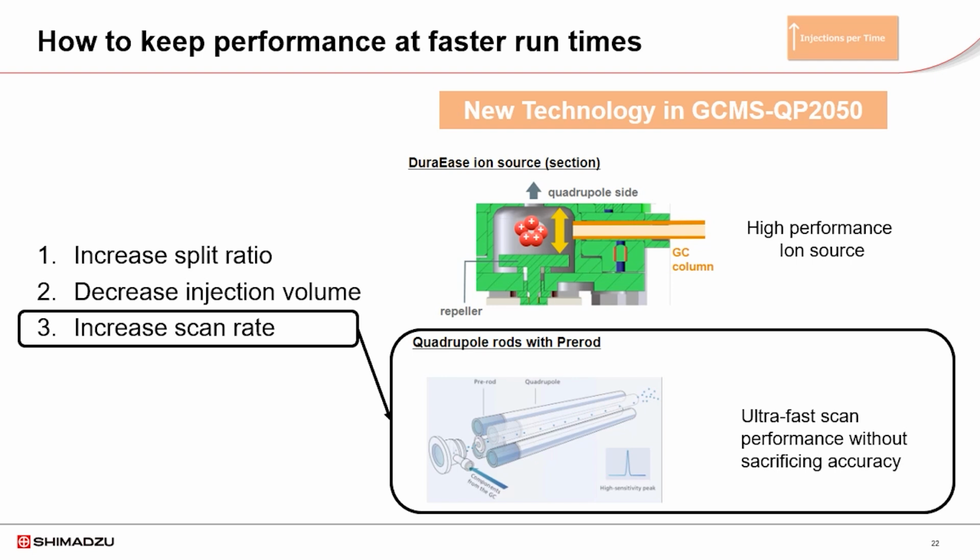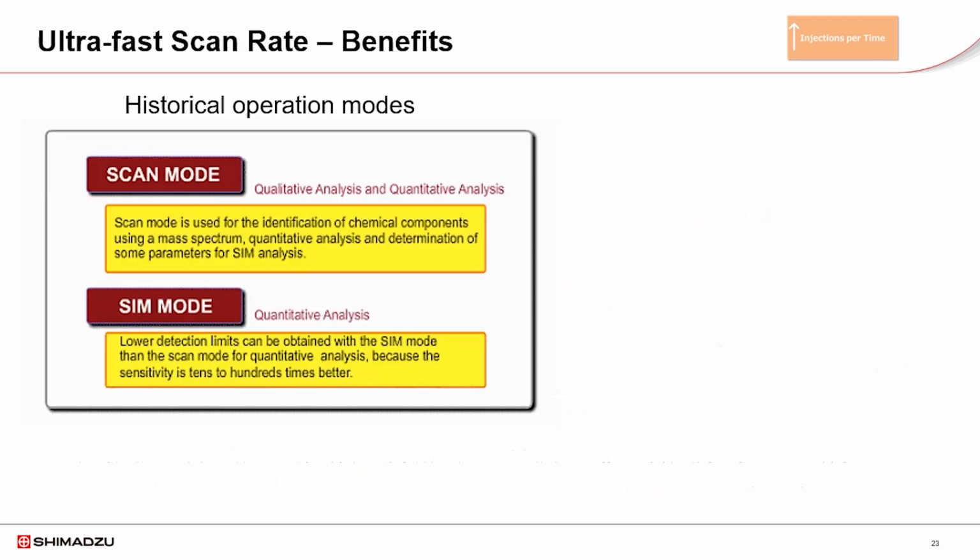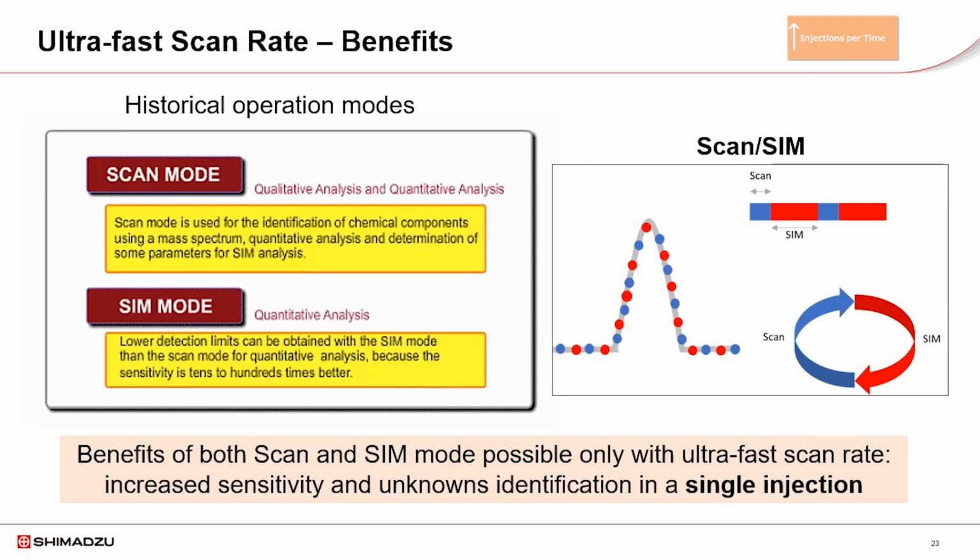Before going to the experimental study of ultra-fast scan analysis, let me refresh the analysis modes using a single quadrupole MS. So far, scan mode is the common approach to run qualitative and quantitative analysis. However, SIM, selected ion monitoring, is becoming a common approach in several environmental methods.